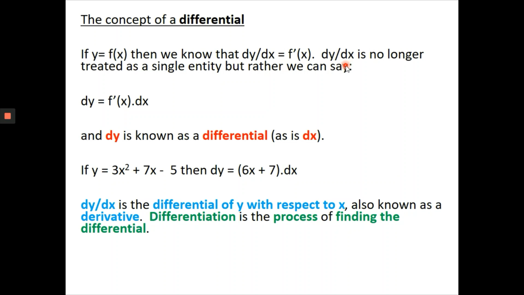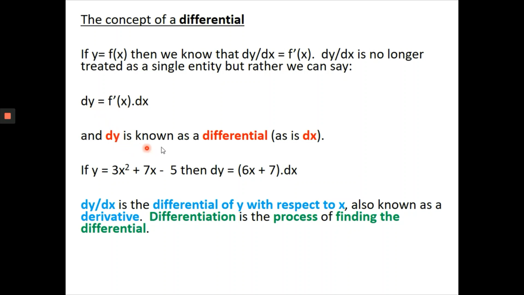So if we do that, we can rearrange this here so that we end up with this here. dy equals f prime x times dx. And we can think of this here as a converter that serves to convert an infinitesimally small change in x into a corresponding change in y.